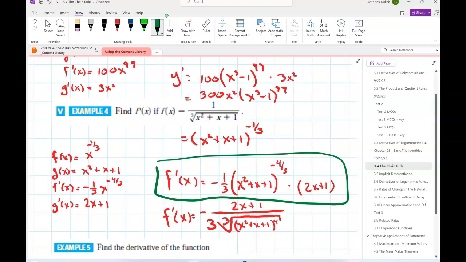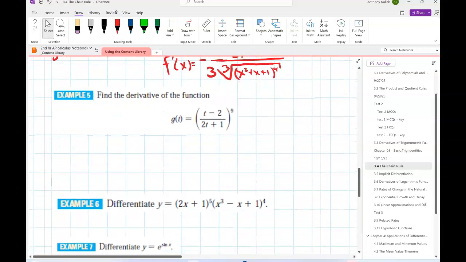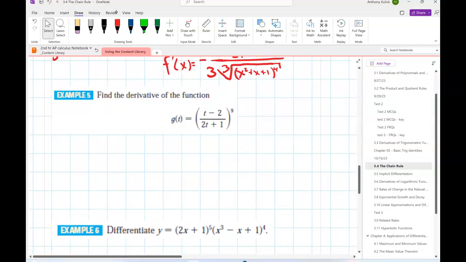Okay? Again, as we talk through, I'll keep reminding us of those sorts of things. This one, what do we see? And inside of that chain is a quotient rule.